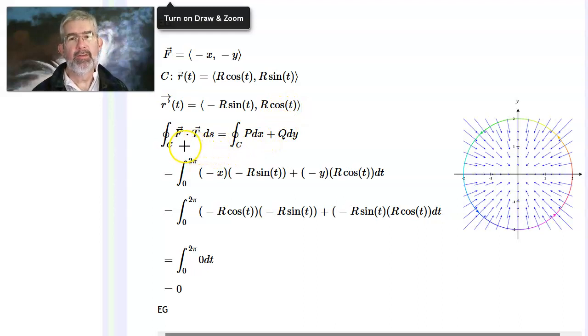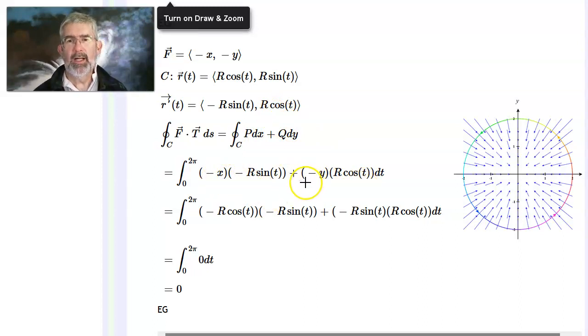Again, doing this circulation integral, it's just the line integral of the vector field along the curve, but the curve is a closed curve, so we put the little circle there, and I'm going to do it as p dx plus q dy. So the p in this case is minus x, the q is minus y, the dx is, from the derivative here, the first component, minus r sine t, and the dy is the r cos t, that goes there.